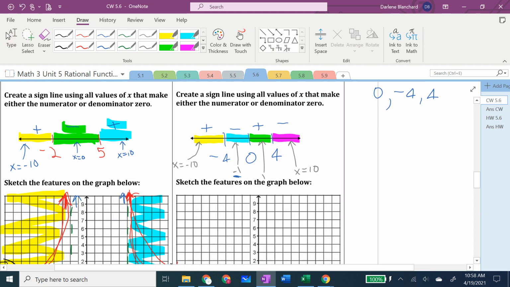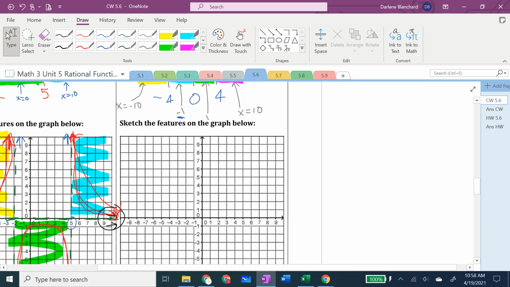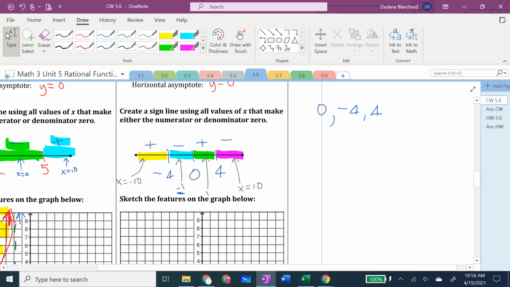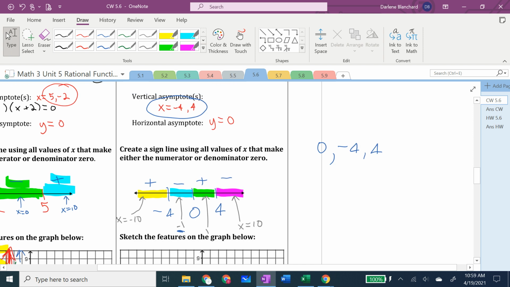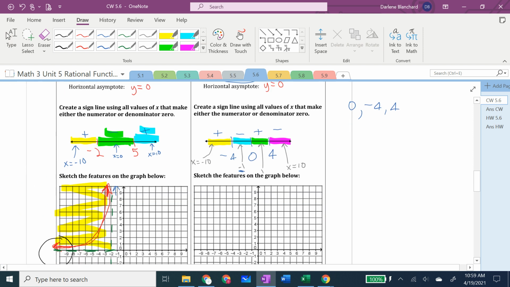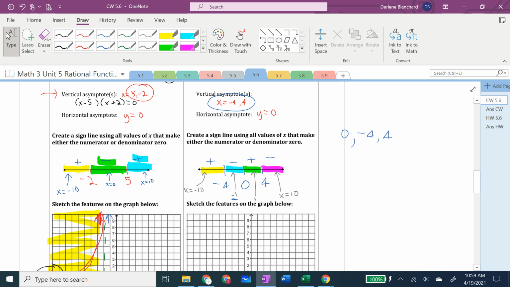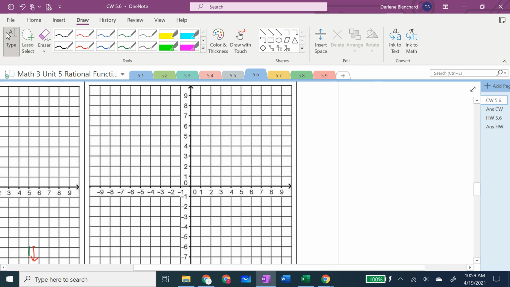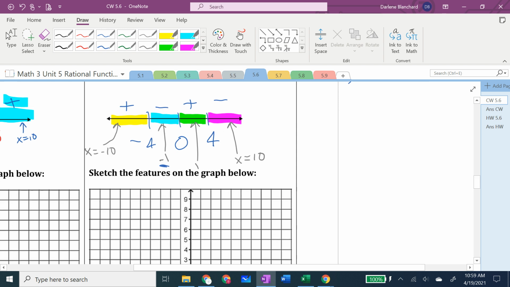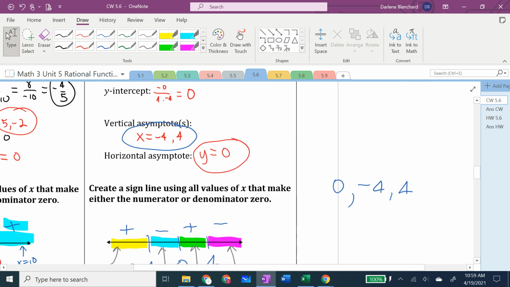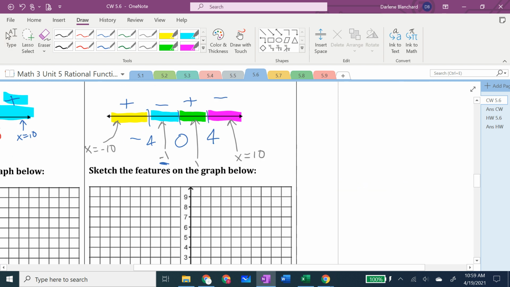Now that sign line is going to tell me where things are located. I'm going to erase all this over here to keep that out of the way. But before I do that, I'm going to put my asymptotes in and my intercepts. My asymptotes are horizontal y equals 0, my vertical asymptotes are negative 4 and positive 4.